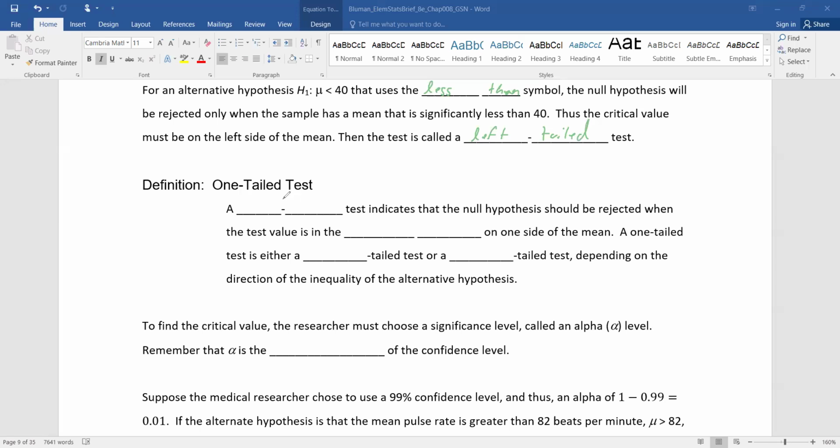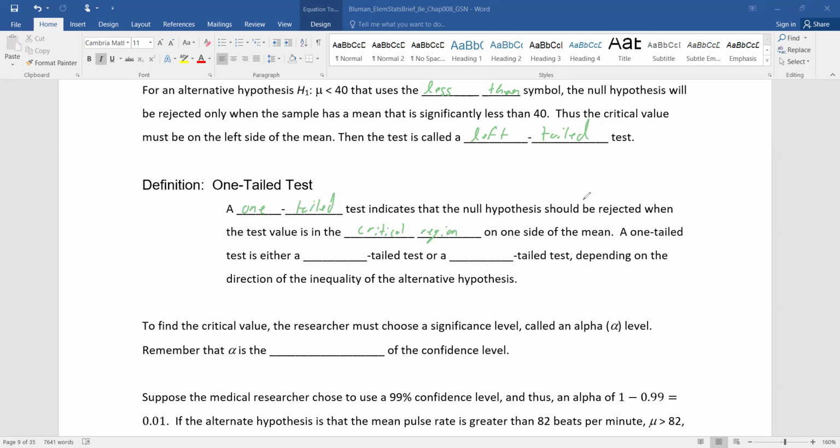So, the definition of a one-tailed test. A one-tailed test indicates that the null hypothesis should be rejected when the test value is in the critical region. If it's in the non-critical region, then we do not reject. It's on one side of the mean, right?